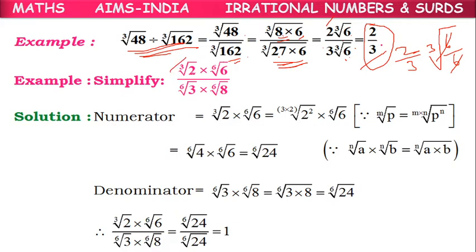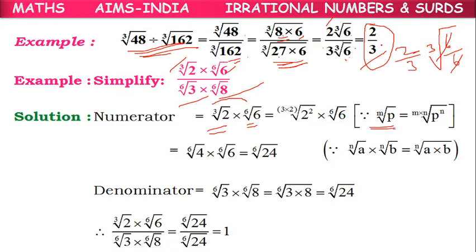Next, cube root of 2 into 6th root of 6 into 6th root of 3, divided by 6th root of 3 into 6th root of 8. So in the numerator, cube root of 2 and 6th root of 6. We have to change them into the same order.